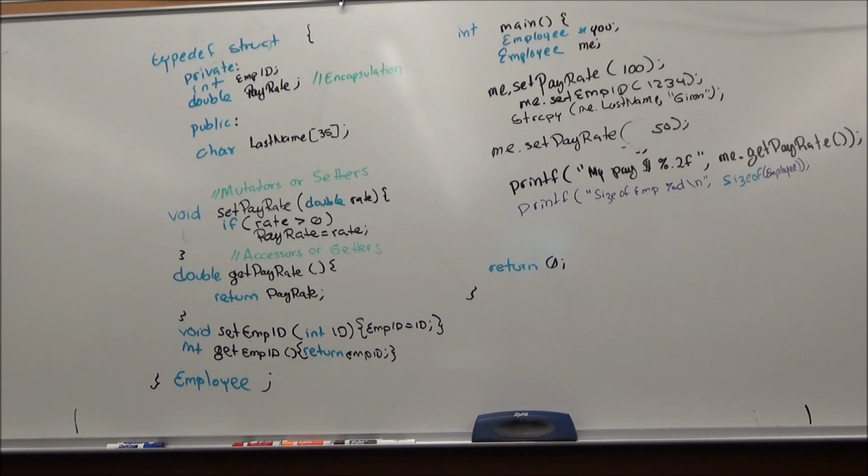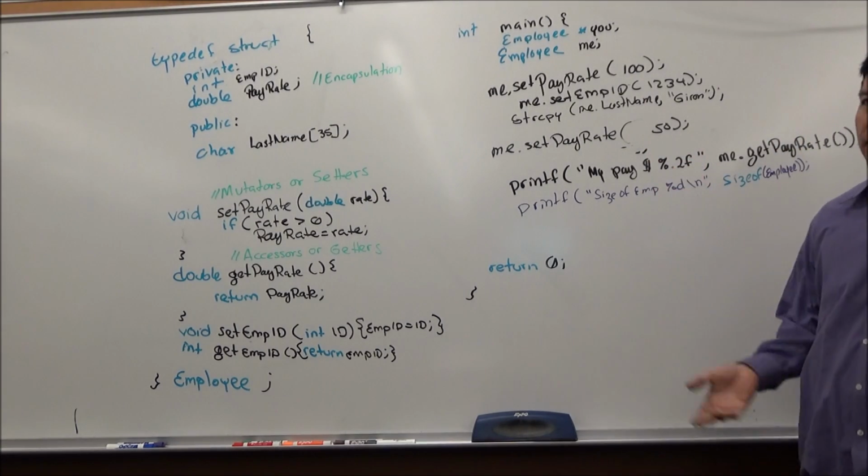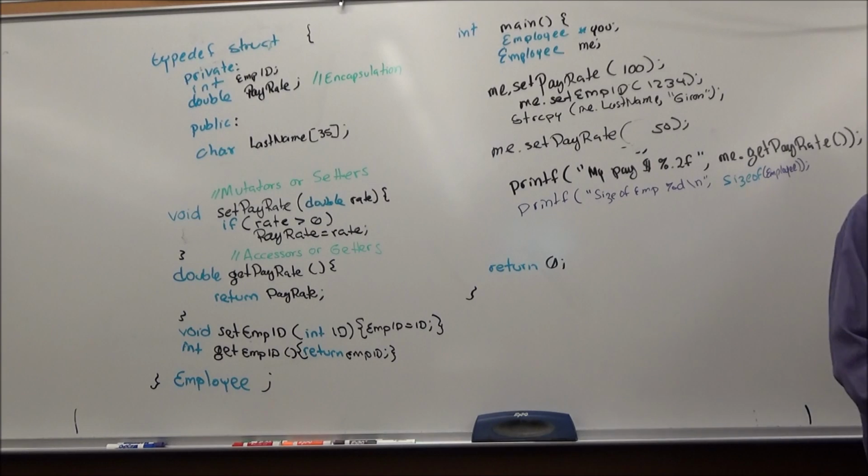All pointers are the same size. 32 bits. Yeah. They're just pointing to an address. It's just that the address they're pointing to should be an employee. If it's a pointer to an int, it should be pointing to an address that holds an int, and so on. So if you have a 64-bit system, then it'll be 64 bits.